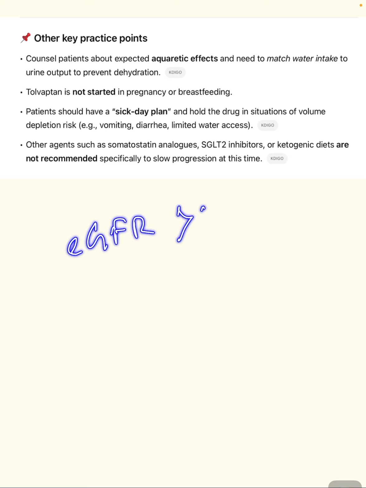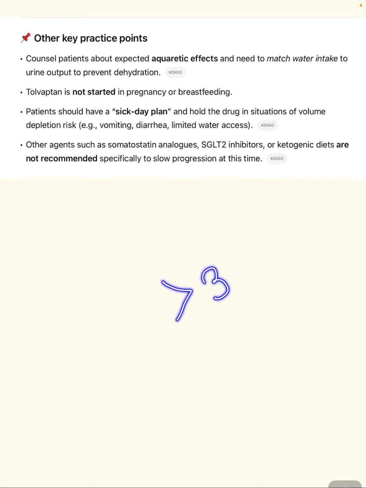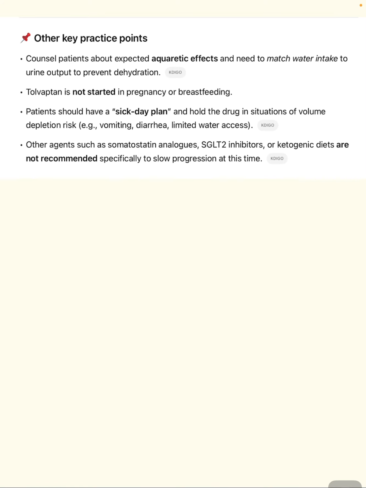Start if eGFR is more than or equal to 25 ml, or if there are any features of rapid progression, that is Mayo class 1C, 1D and 1E, or rapid decline of more than or equal to 3 ml per minute per 1.73 square meter per year. The major adverse effects of tolvaptan are polyuria and hepatotoxicity, so strict liver monitoring is mandatory.